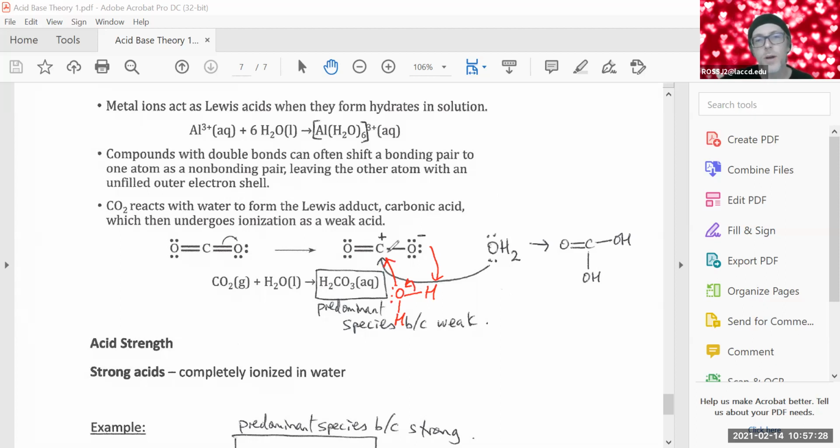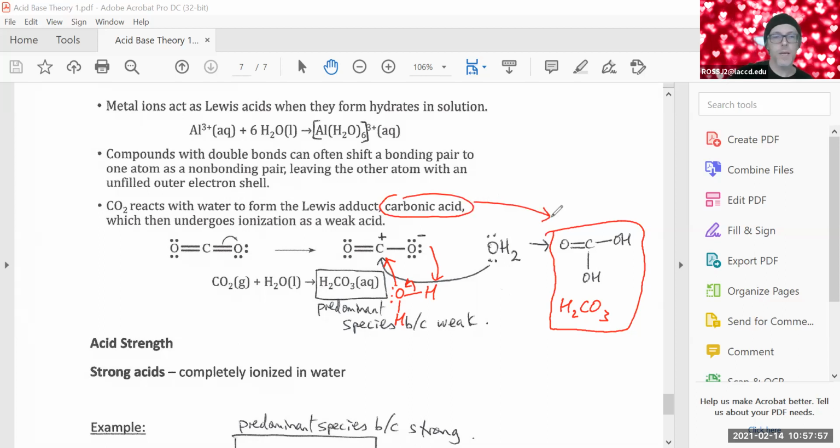So the lone pair can hit here. This negative charge can attack here and break this bond. So we get an OH, which is over here. And we obviously get an OH, which is on the carbon. So we get carbonic acid, which is H2CO3.